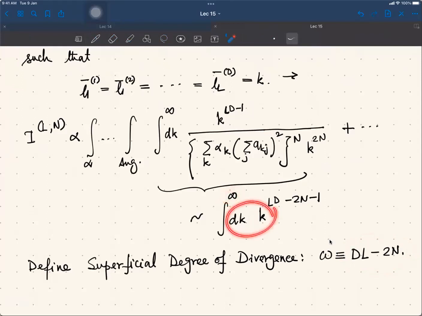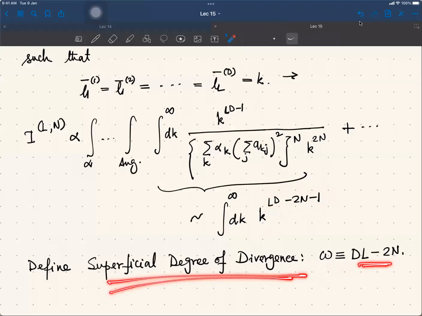So it will be logarithmically divergent. Similarly, if omega is greater than 0, correspondingly there will be higher divergences, linear, quadratic, and so on. It's only when omega is negative that it is k to the power minus 1 minus something, and then it is convergent. So this is why it is called the superficial degree of divergence. This is the definition of that.